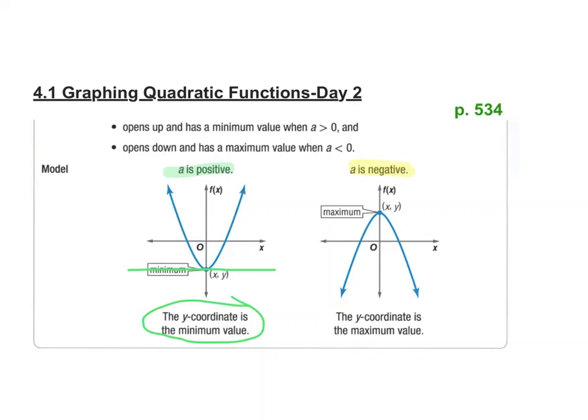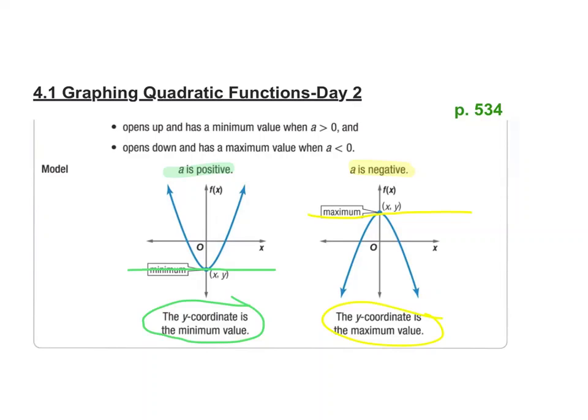Okay? When A is negative, we have a point that's sort of at its peak, and everything below that is smaller than it. So what I end up with is having a maximum value there, and again, the y-coordinate of the vertex is going to be the maximum value.